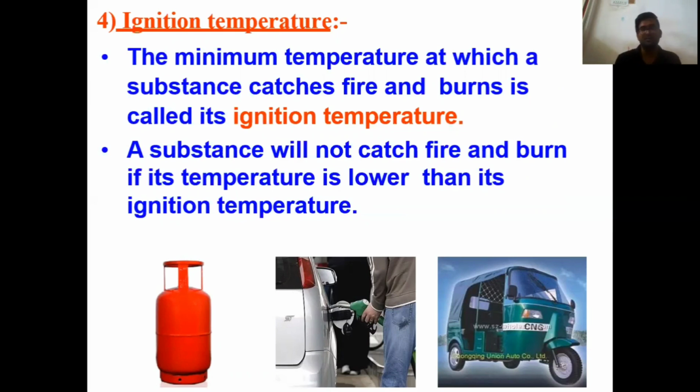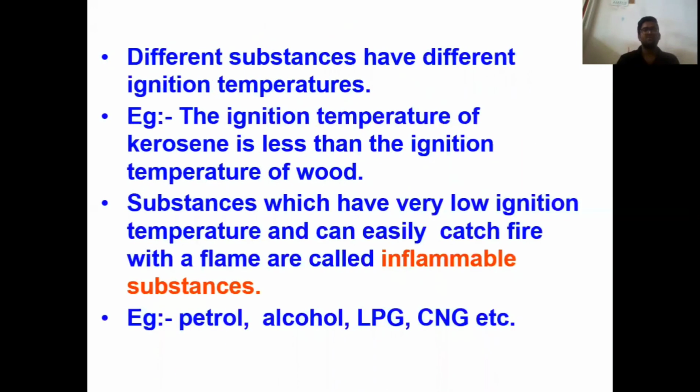So we have to heat the substance up to the ignition temperature. Students, different substances have different ignition temperatures. The ignition temperature of kerosene is less than the ignition temperature of wood.